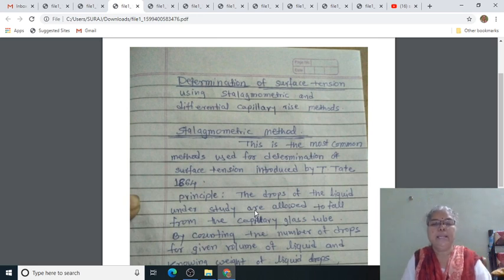And in this lecture we are going to see the determination of surface tension by the stalagmometric method and the differential capillary rise method. Here the stalagmometer, it is the Greek word which is nothing but drop.